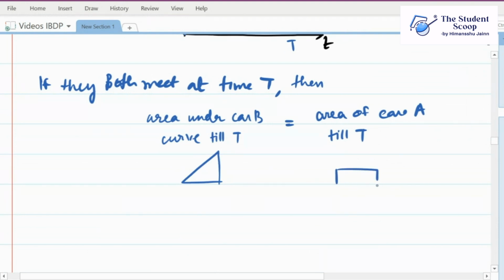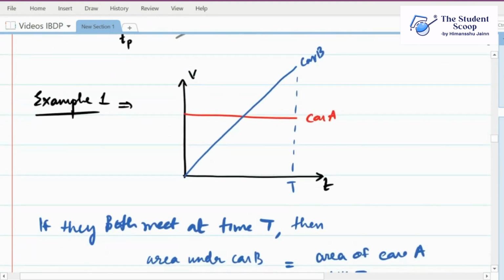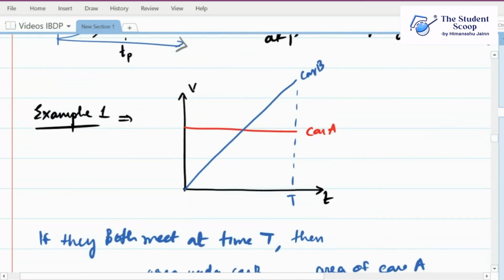These are very small details, but these are the questions that can help us solve a particular problem if it is given in terms of a graph.